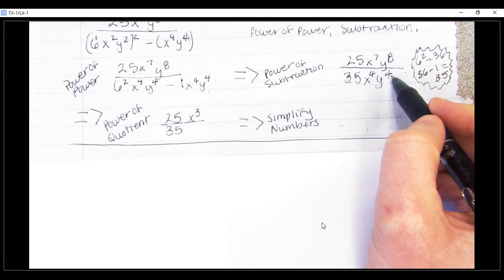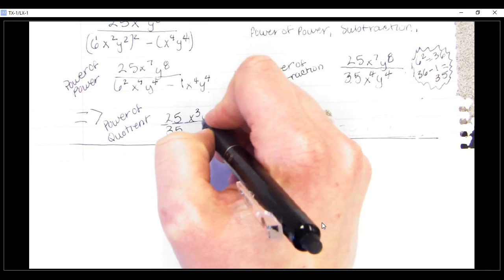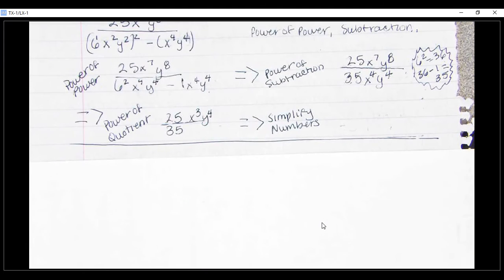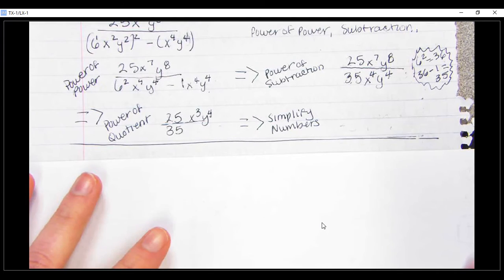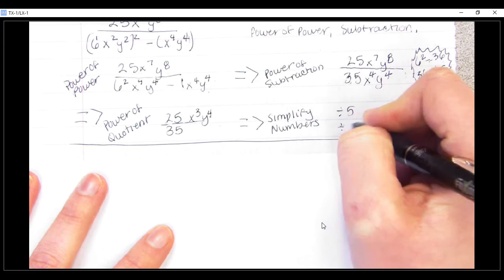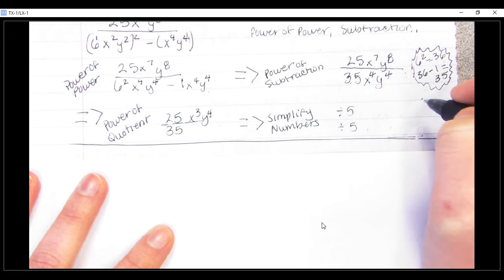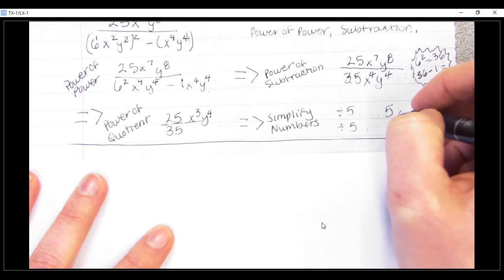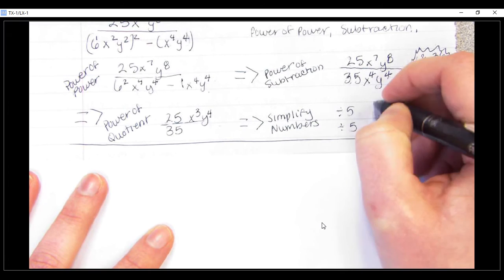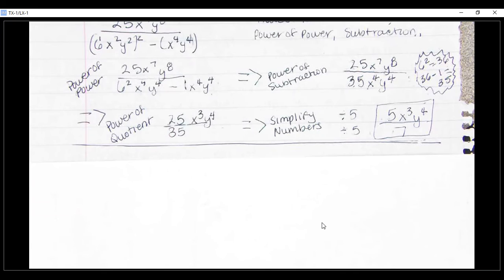And 8 minus 4 is going to be a positive 4. Hey, great, I didn't have any negative powers. Everything looks good besides those numbers in front. I need to simplify those numbers, and I can do that by dividing by 5 to get my final answer of 5x to the third, y to the fourth, all over the number 7.